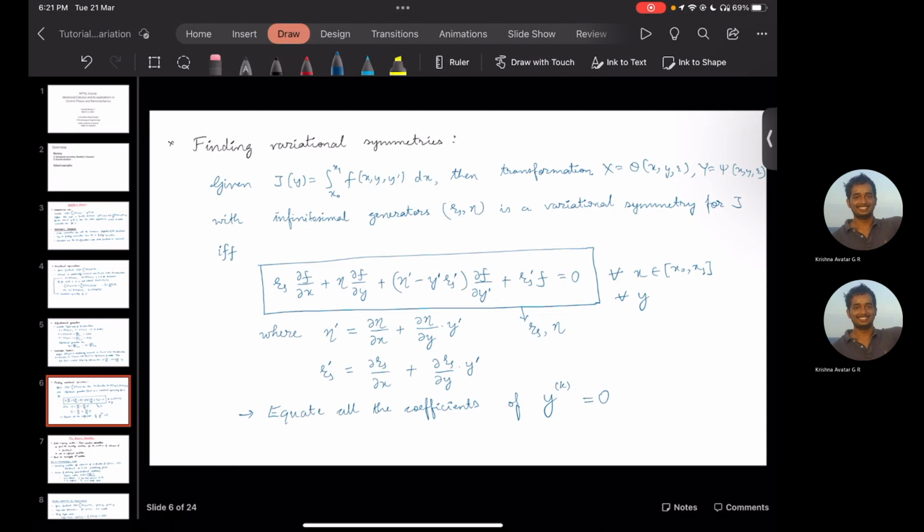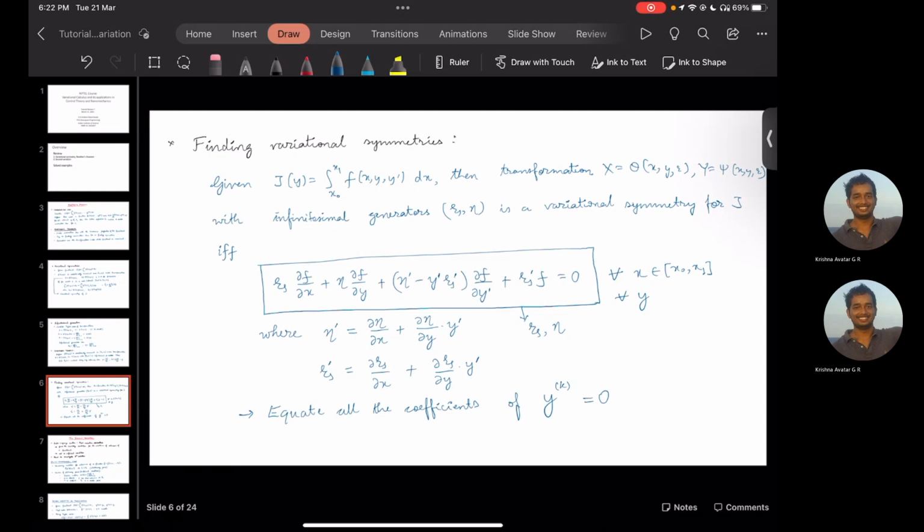So it's almost always an overdetermined system. In that case, our goal is to find the expressions for xi and eta, up to some constants of integration.